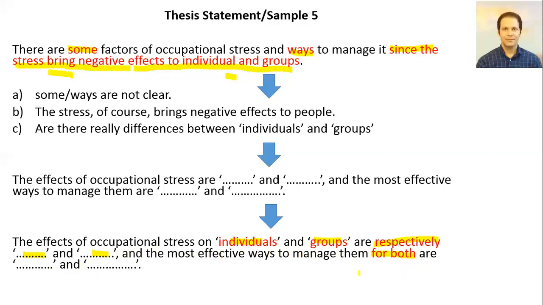But in this case, this thesis statement shows that we can use the same ways to manage the stress for both groups: A and B. Or maybe here you have three ways, then actually you can use A, comma, B, and C.